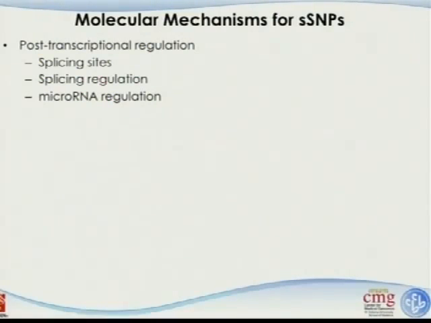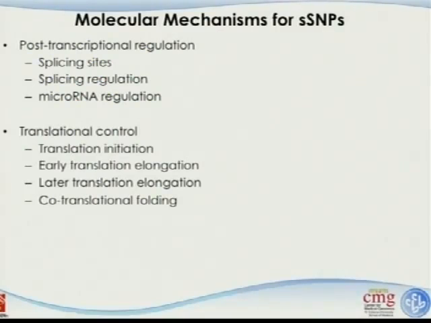The first one is that it changes the way post-transcriptional regulation occurs. This includes the splice site, splice regulation, and microRNA regulation, if the variation happens in the 3' UTR of the region. And the second is translational control, which includes translation initiation, early translational elongation, late translational elongation, and co-translational folding.